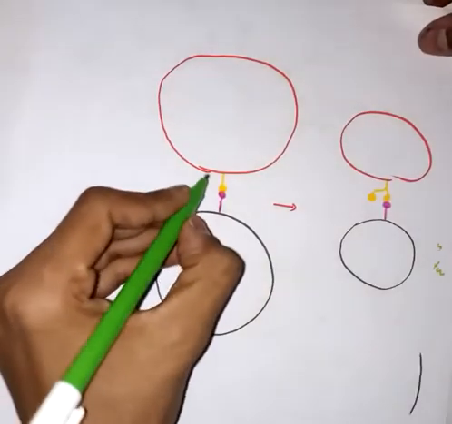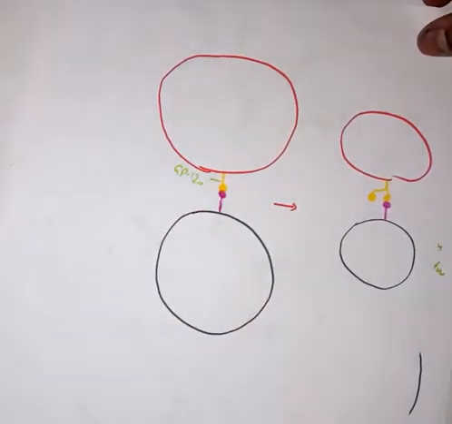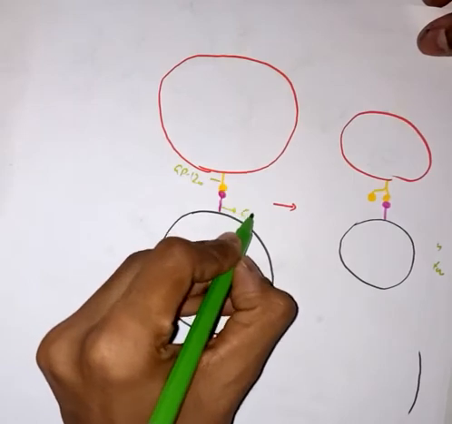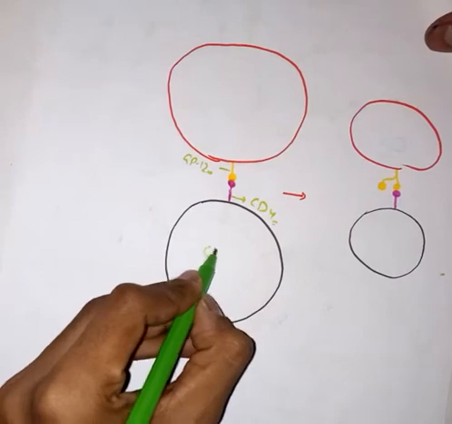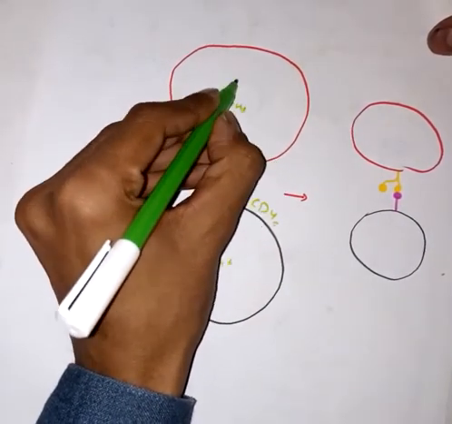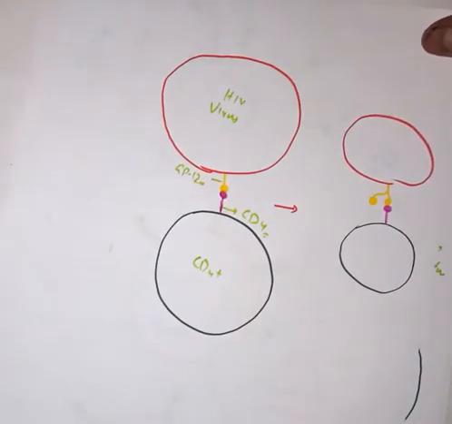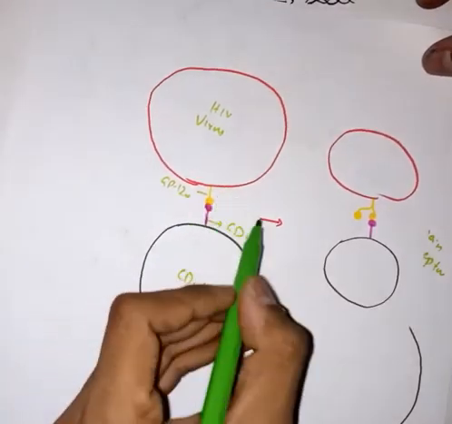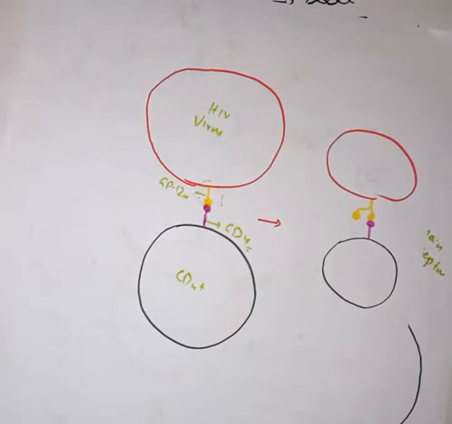Once GP120 attaches with the main receptor, that is, the CD4 receptor of the CD4 plus cell, and this is the HIV virus, now once this attachment has taken place, a conformational change in GP120 will take place, and its affinity for the co-receptor will increase.